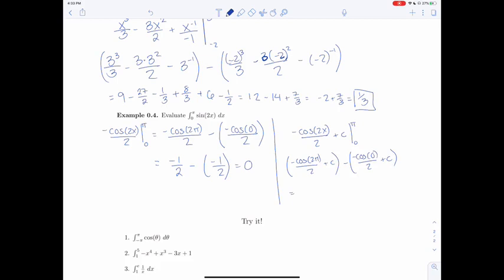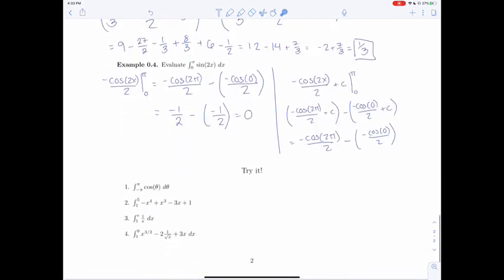And those c's are going to cancel. So again, we'll just get negative cosine of 2 pi over 2 minus negative cosine of 0 over 2. Okay, so it doesn't matter which antiderivative you pick, as long as you pick exactly one, that you're not using a different antiderivative for evaluating different limits of integration, like evaluating the pi and evaluating the 0.